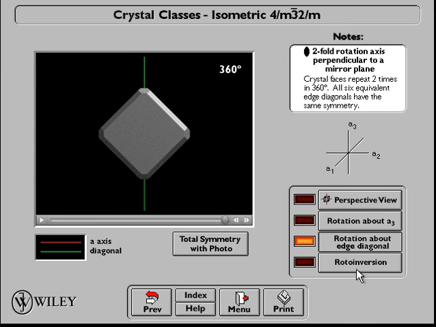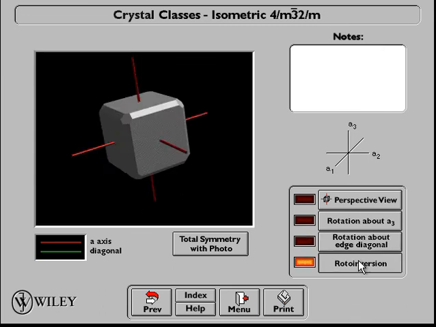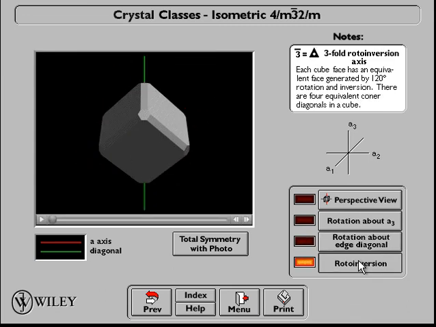Last but not least for today, we are watching the threefold roto-inversion. Each cube phase has an equivalent phase generated by 120 degree rotation and inversion. There are 4 equivalent corner diagonals in a cube.